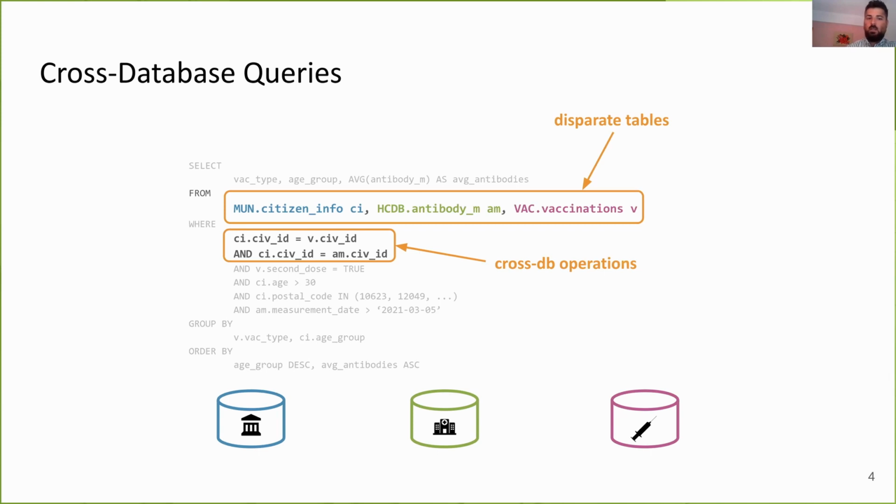So here is a query where in the from clause, I have tables from different database management systems. And here I have what we call cross-database operations, essentially join predicates over tables that reside on multiple systems.